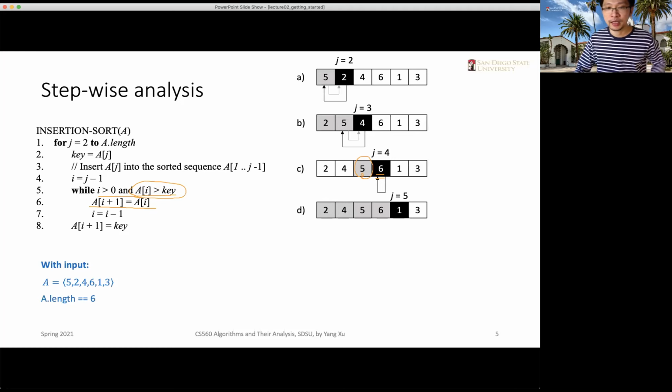Okay, and now it becomes interesting because 1 is a very small number. So when we compare 1, the new key, with all the elements ahead of it, we will always do the swapping.